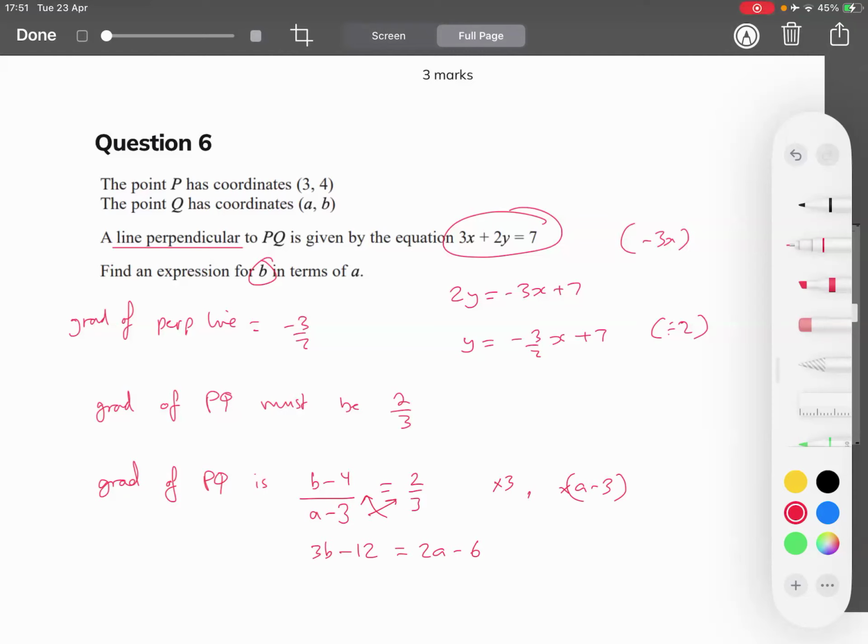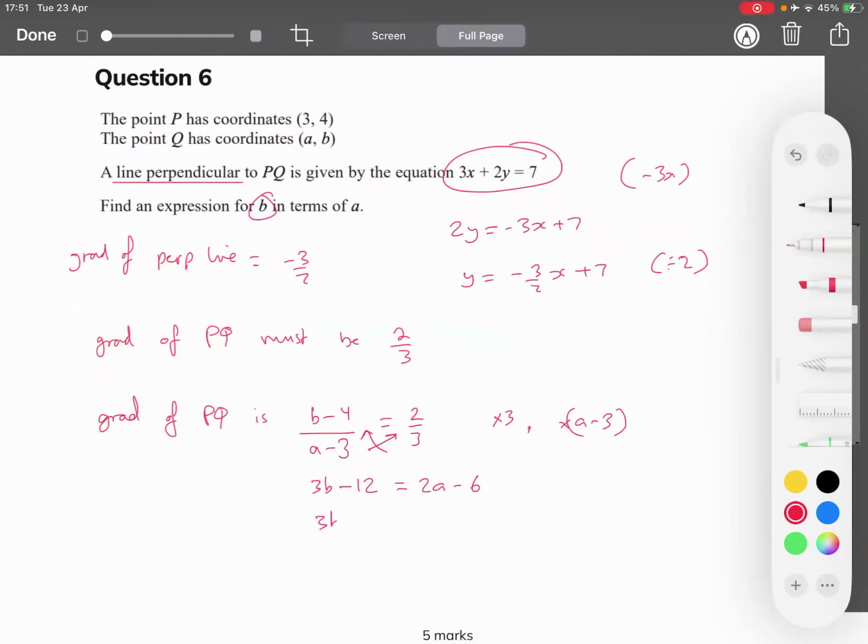Then I get 3b equals 2a. Add 12 to both sides, so I get plus 6, and divide by 3. So I get b equals 2/3 a plus 6/3, which is 2. Or I could have also written b equals 2a plus 6 divided by 3. Both are fine.